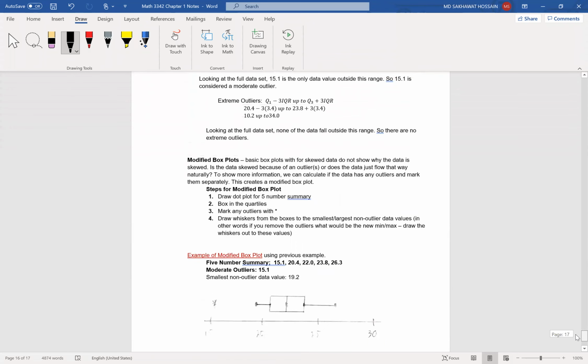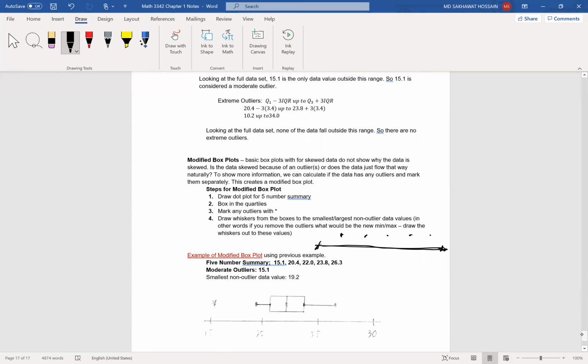Okay, so to construct the box plot, you will draw a line first. Sorry, this is not the minimum and maximum yet. So you will draw a line first, then you will denote the 5 numbers. We have the 5-number summary, so we'll put the 5 numbers here.